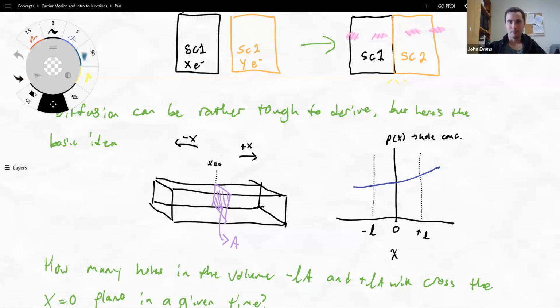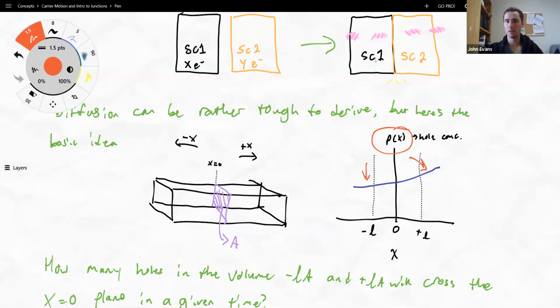So if we imagine our semiconductor, and we have a non-uniform concentration of holes, which is what we're looking at here in this graph, we're saying that there are more holes over here than there are over here. And we're just using holes arbitrarily. We could do this with electrons too. It works out the same. So there's more holes on this side than this side.